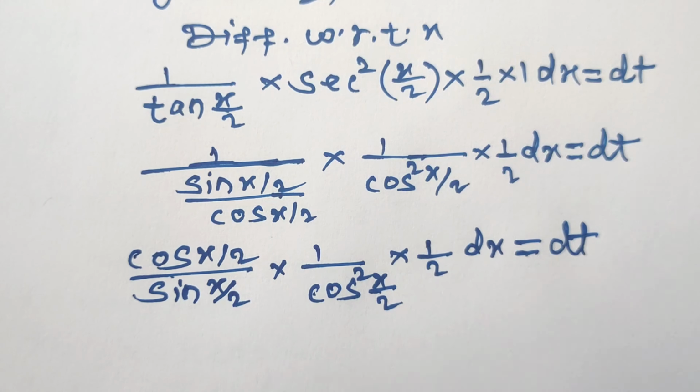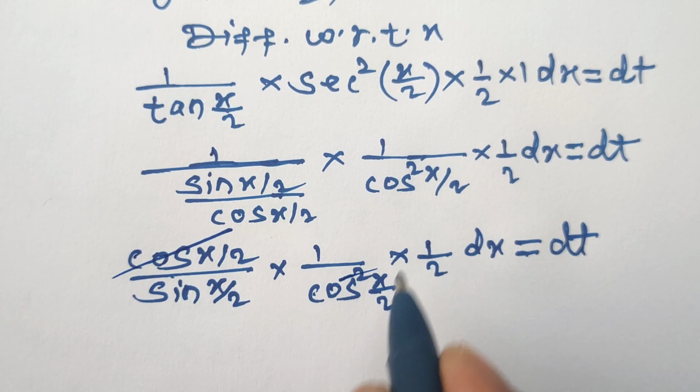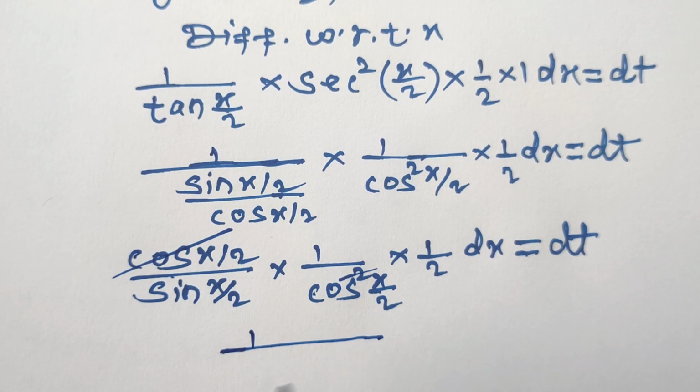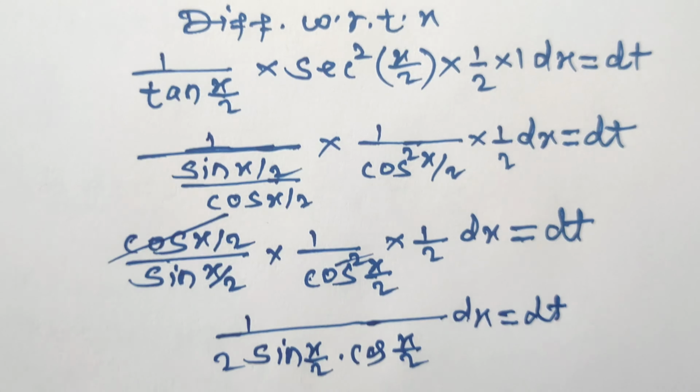Now here this cos x upon 2 cancels with this square, and one cos x upon 2 remains. So this can be written as 1 upon 2 times sin x upon 2 into cos of x upon 2, dx is equal to dt.